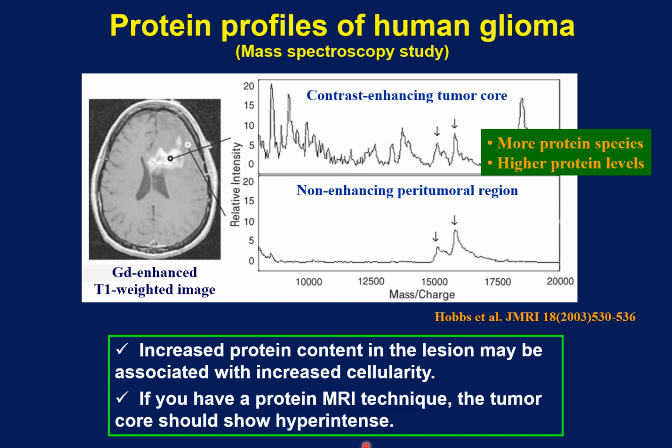The increased protein content might be associated with increased cellularity. And if we had protein mining, the tumor core should still be hypointense.